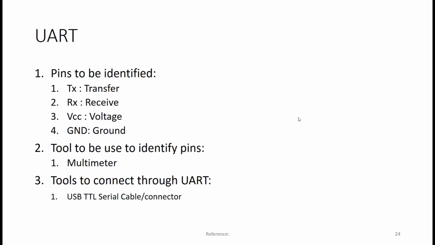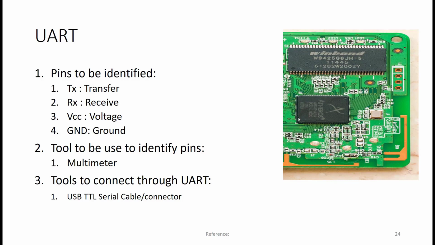So to identify a UART connection, you need to identify four pins on the board of the embedded device. First is TX, that is transmit, then RX, which is receive, then VCC, which is voltage, then ground. As an example, on the reference board given in this figure, you can see that on the right corner there are four adjacent pins.